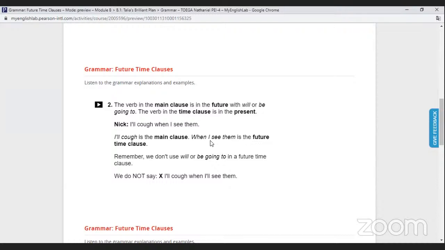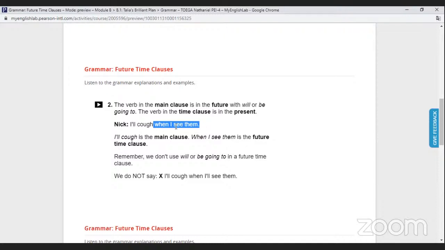So in this case, we're going to focus on the future time clause, as it says in this sentence, right? In this part, we see that we have a future time clause. And it says that if it goes at the beginning or at the end, there's no problem because the meaning is going to be the same.